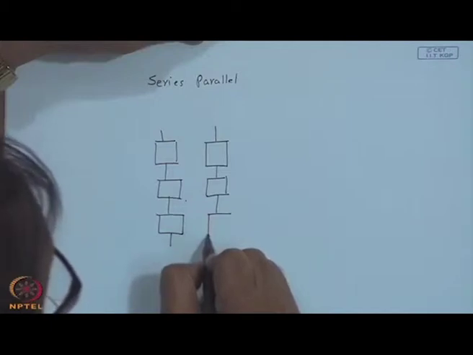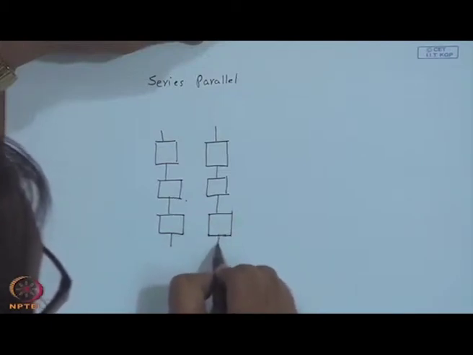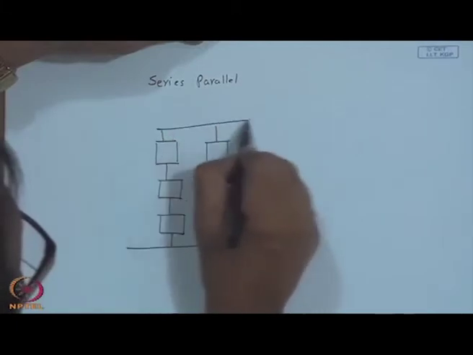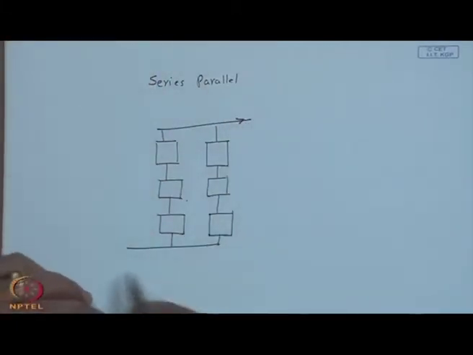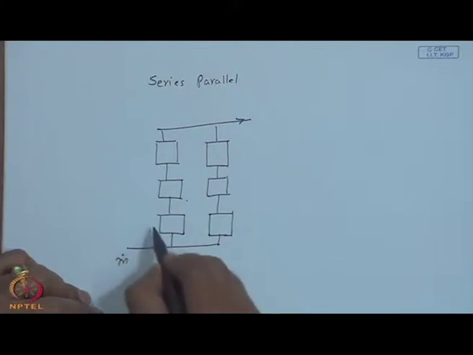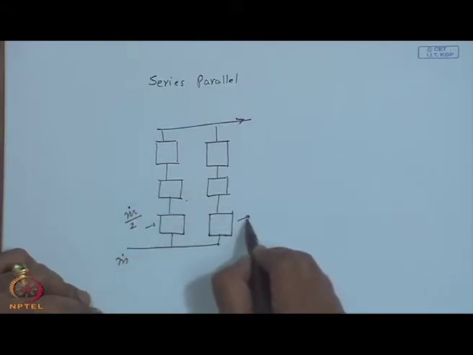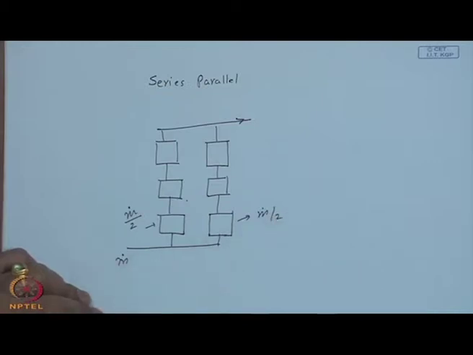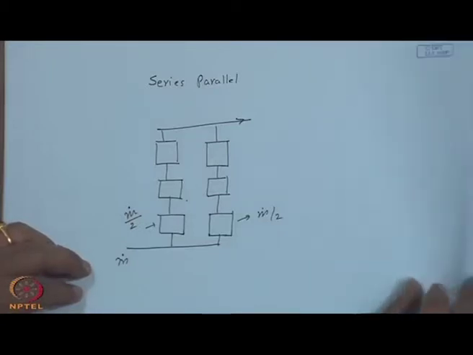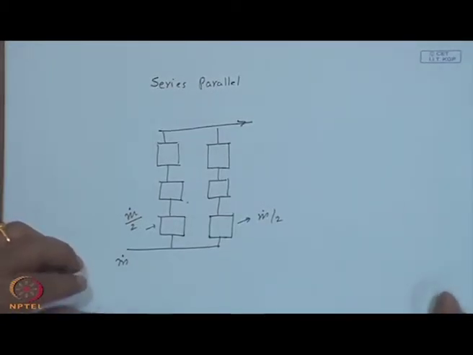That means, my original 6 collectors have been connected like this. So, if this is my m dot, this will have m dot by 2 compared to m dot had they been completely in series. You know that the pressure drop is highly nonlinear with the flow rate. So, there will be a significant reduction if you make it a series parallel.